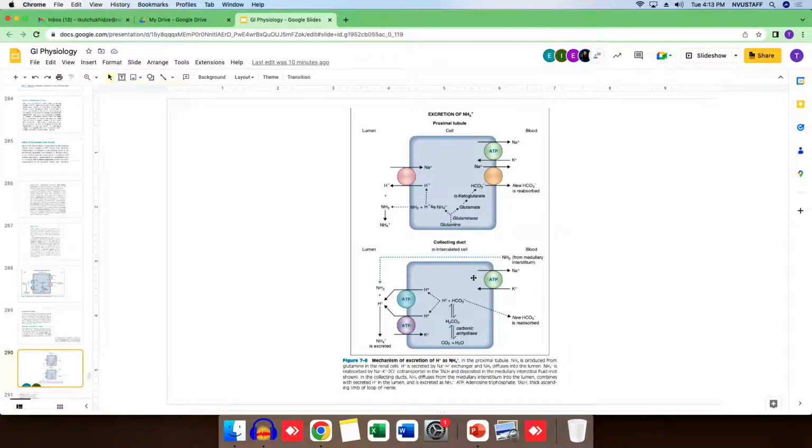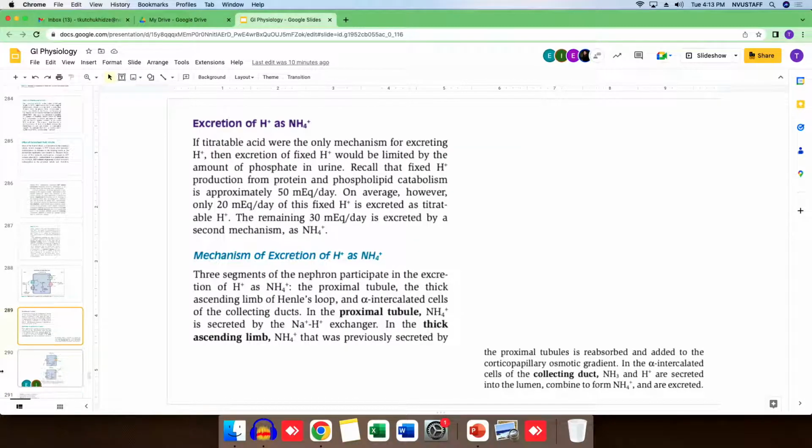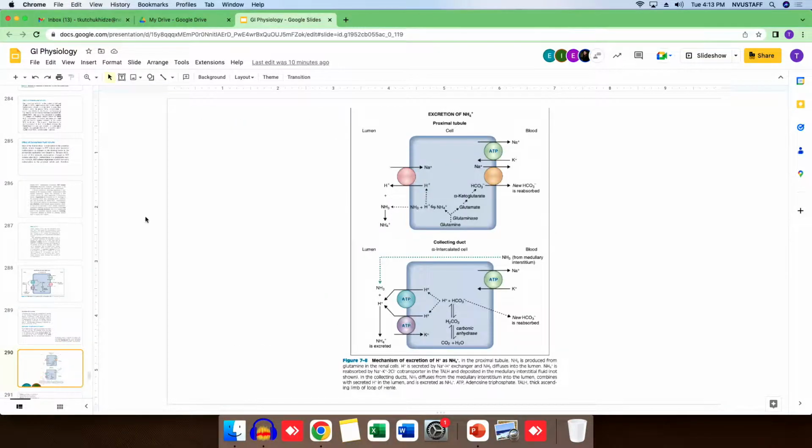Then in the thick ascending loop, it is not painted anywhere. It is just written in the text that in the thick ascending loop of Henle, if you remember, we have the sodium chloride potassium transporter, right? There are three ions being reabsorbed. In this case, NH4 joins the cell with this transporter, but instead of potassium.